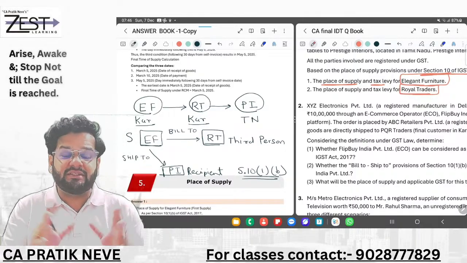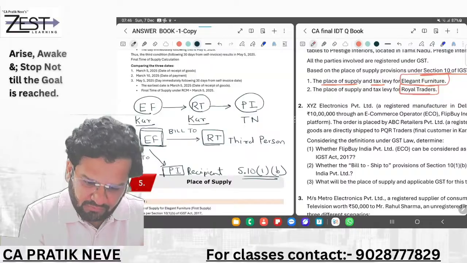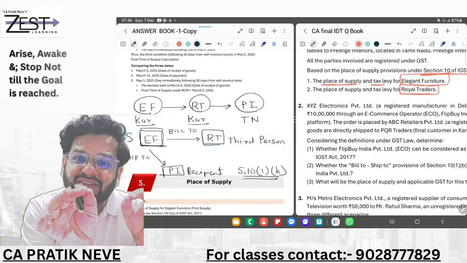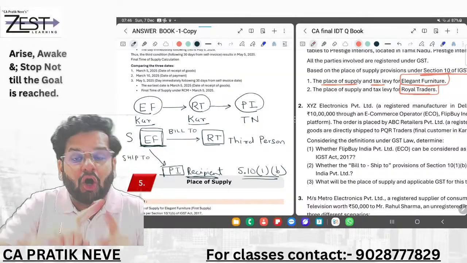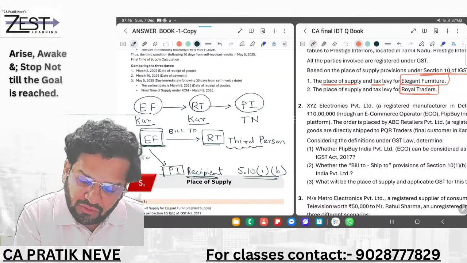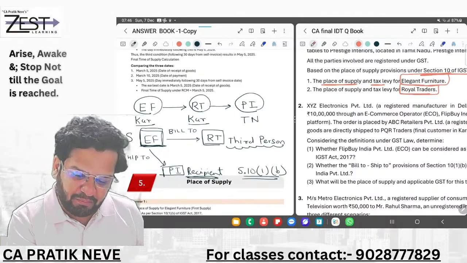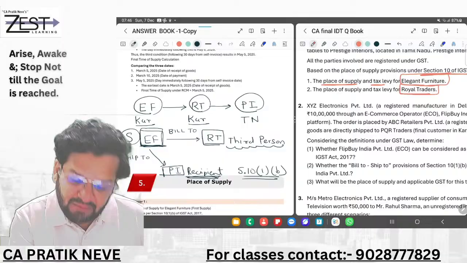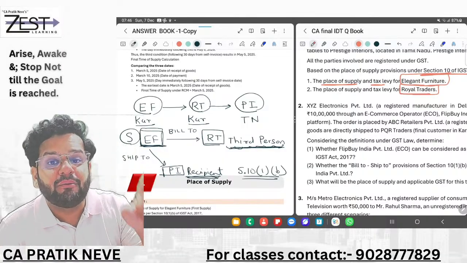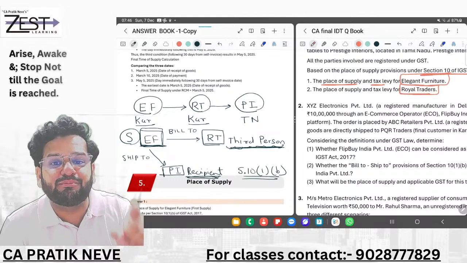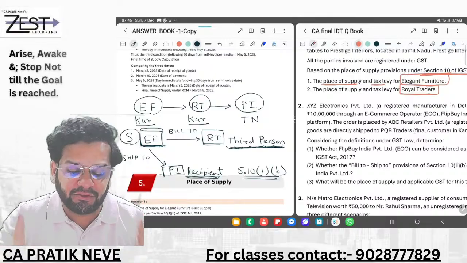So 10(1)(b) says that when goods are sent by supplier to recipient on instruction of a third person, then the place of supply is the principal place of business of such third person.